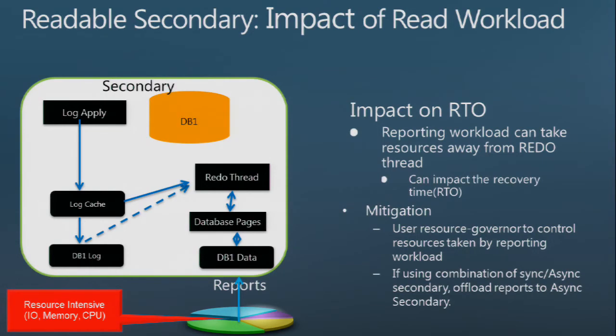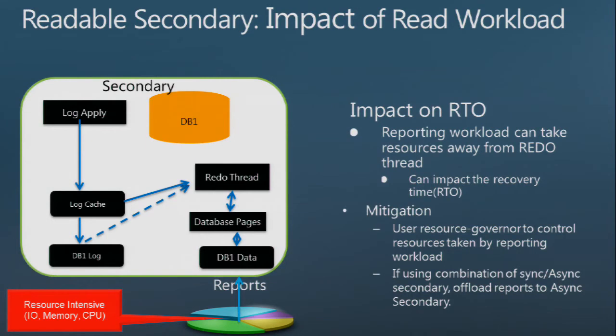Another solution that some of our customers have used is, if they have two replicas, one sync replica and one async replica, they do the reporting on the async replica, and the sync replica is running without additional overhead. In that case, they are able to guarantee the high availability, with no compromise on the RTO, while still being able to offload the reporting workload to the async replica.